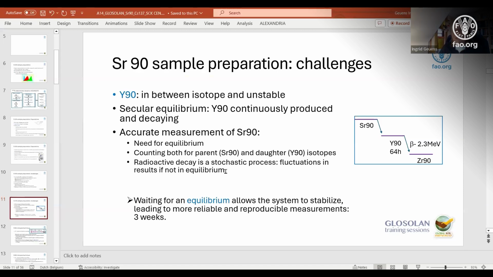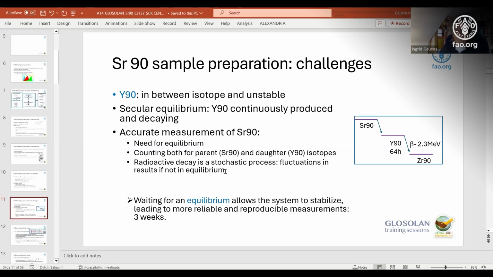That means that during your measurement, your concentration could change, and that's not something that we want. We want an accurate measurement of the strontium-90. That's why we always say we need an equilibrium first, because otherwise we're counting both the parent, strontium-90, and the daughter, yttrium-90.